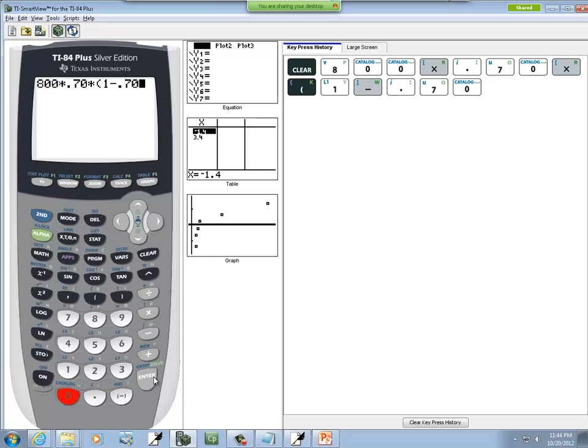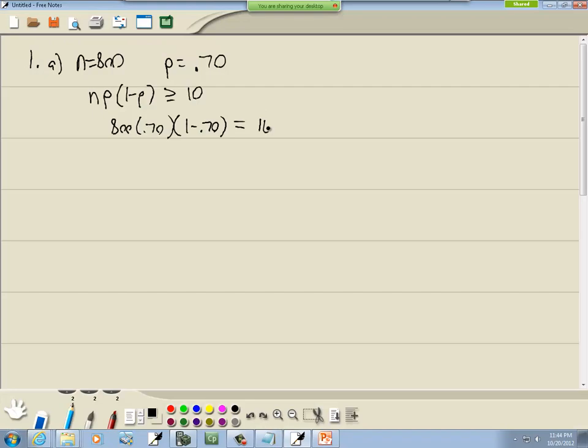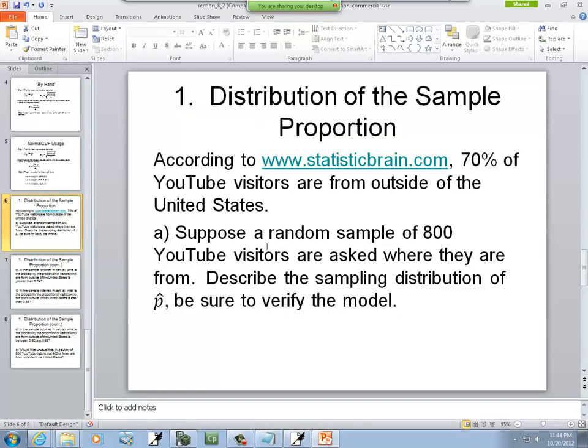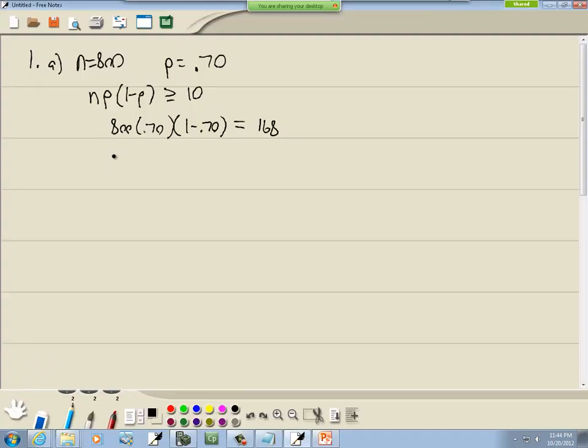You could also put 30% in there. And we get 168, so that fits the criteria. Also, with 800 YouTube visitors, that sample size is definitely less than 5% of the population, because there are tons of YouTube visitors out there. So it's approximately normal.